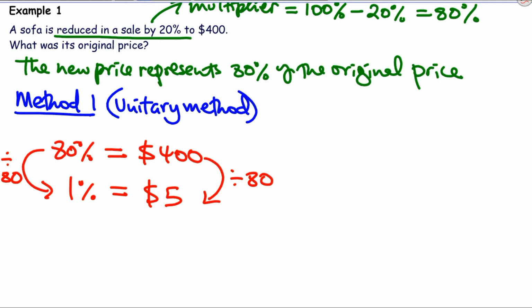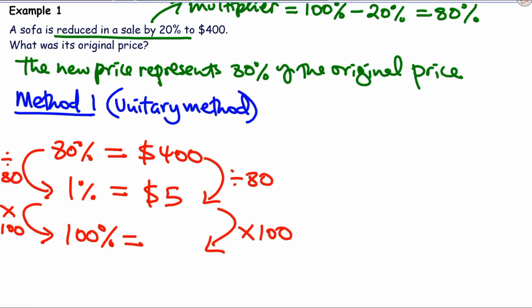But what we want is the original price. And the original price here is 100%. So we want 100%. So how do you find 100% from 1%? You just multiply by 100. So that's exactly what you're going to do on the right hand side. We multiply by 100. And 5 multiplied by 100 will be 500.